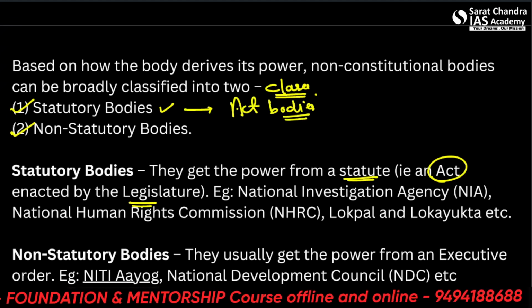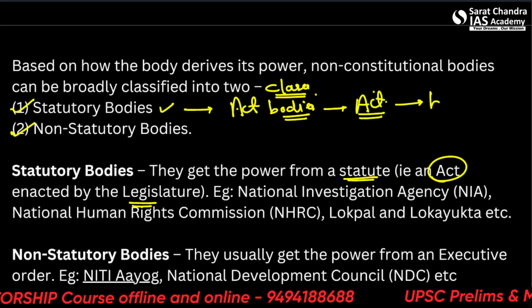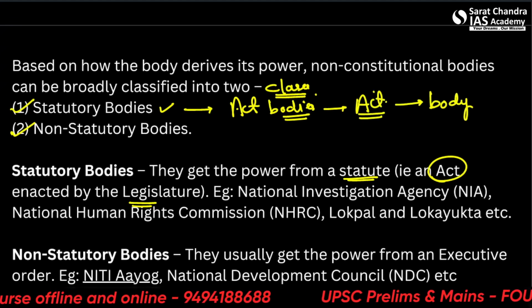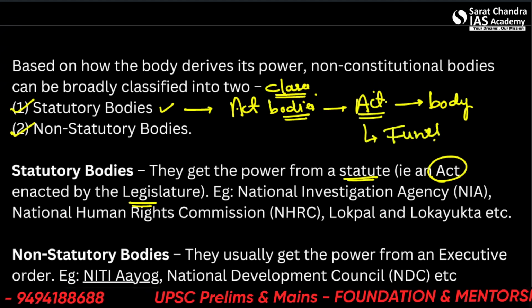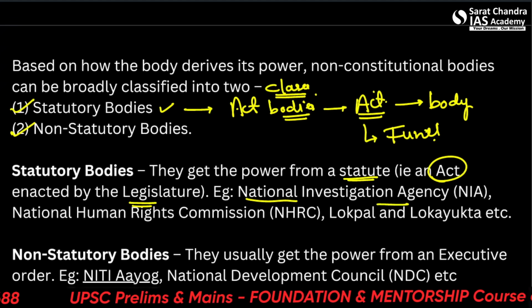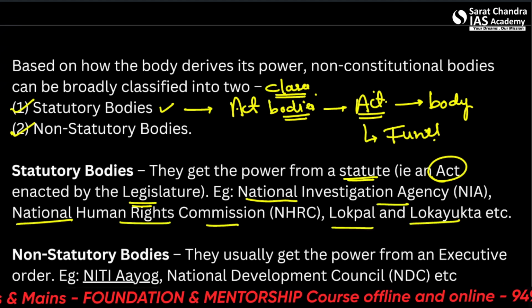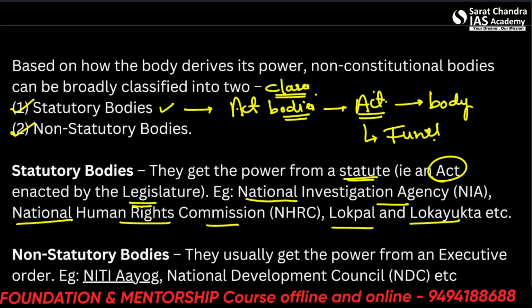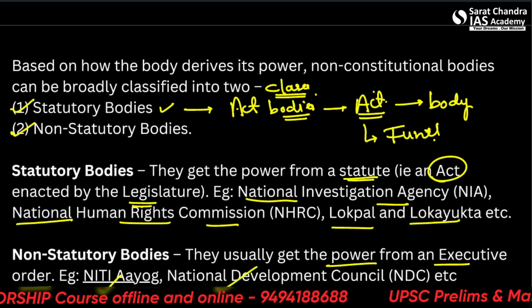First of all, an act is formed, that there will be a body which will do this function. Examples are National Investigation Agency NIA, National Human Rights Commission, Lokpal and Lokayukta. Non-statutory bodies get power from an executive order, such as Niti Aayog, National Development Council, etc.